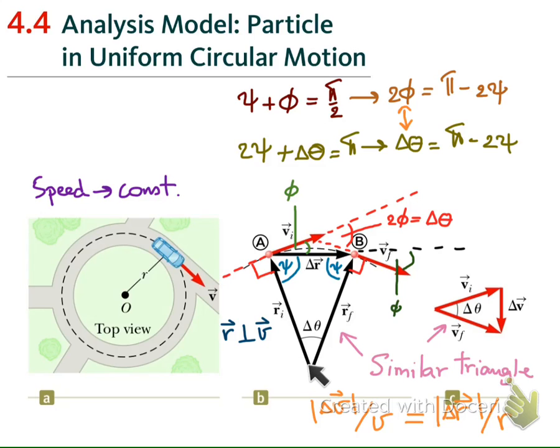In this figure for the position vector, the center is here, and delta V points downward. It means that it points to the center. So that's why we say the centripetal acceleration is center seeking, because it always points to the center of the circle.